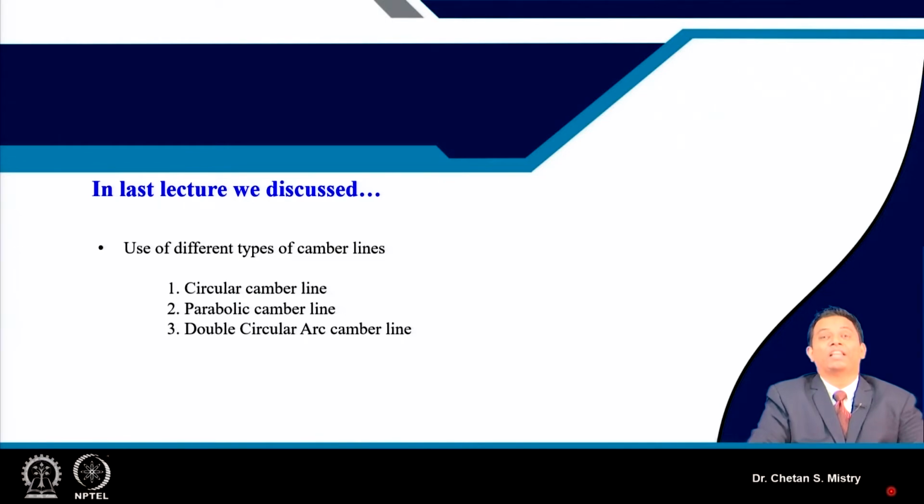Then we have seen the parabolic arc camber line, which gives the flexibility of making our blade loading fore loaded or aft loaded. We can also go with a mid loaded kind of configuration.